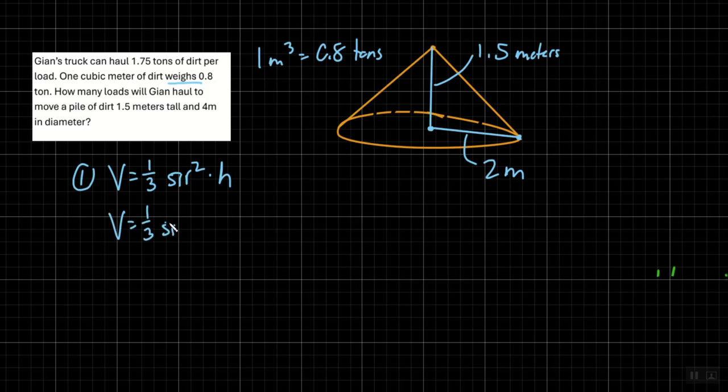So we know that our radius is 2 meters squared and my height is 1.5 meters. Okay. What do I get when I multiply these all together? Everyone grab a calculator. I want to make sure we all know how to put pi into the calculator.